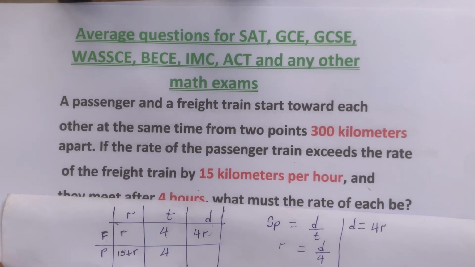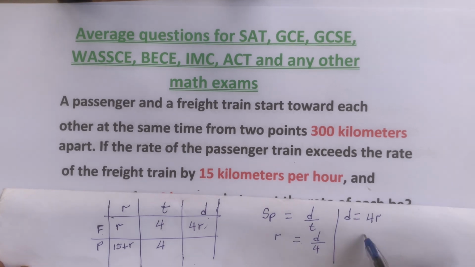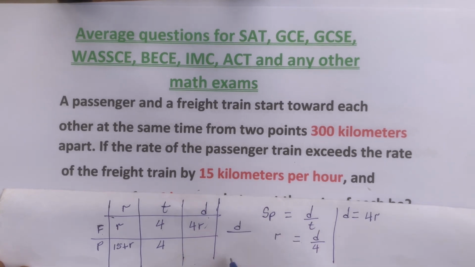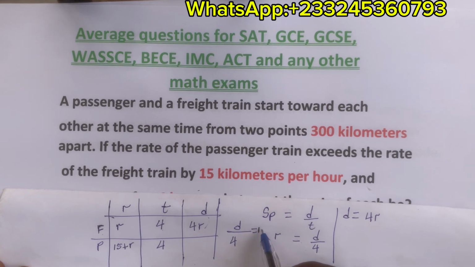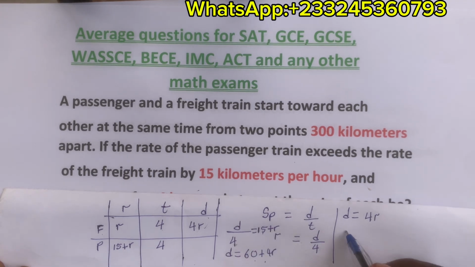And for the passenger train, we have the same: D divided by 4 equals 15 plus R. So 4 times 15 is 60, and we have D equals 60 plus 4R. 4 times 15 is 60, 4 times R is 4R. So the passenger train also covered a distance of 60 plus 4R.